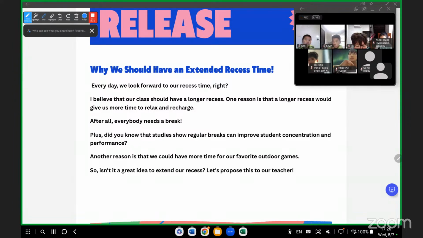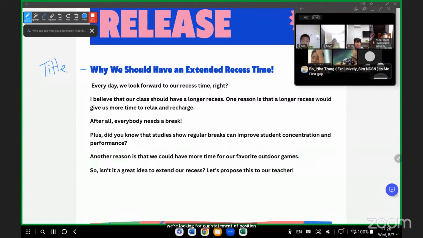Just to first of all, point out the title of this piece of writing is why we should have an extended recess time. So that's just a title. We're not talking about that for now. So first of all, we're looking for our statement of position.